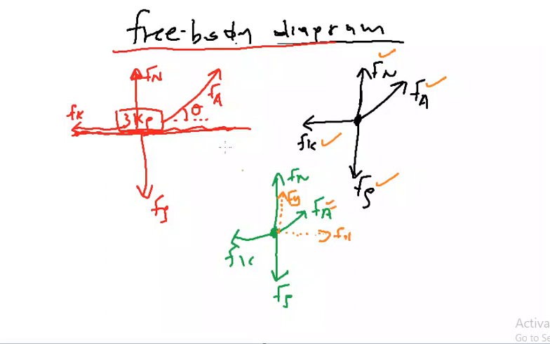So once you have drawn the components, you remove the original force and leave only the components. Remove the original force, leave what? Only the components. So the normal force, I erased it by mistake.